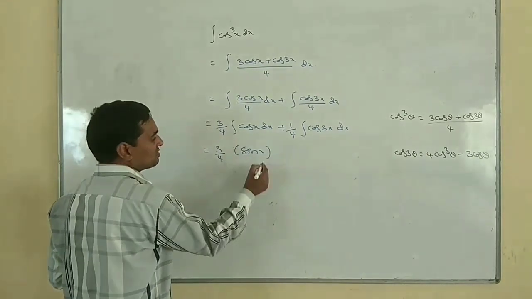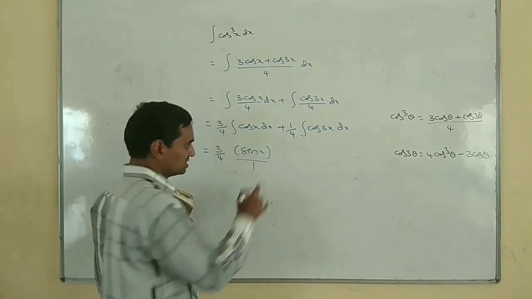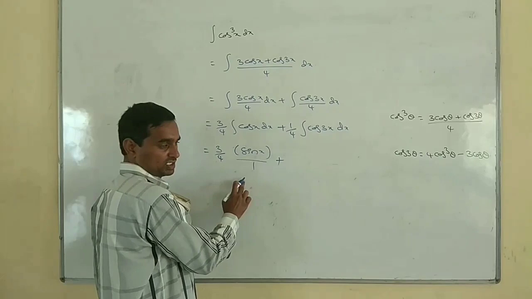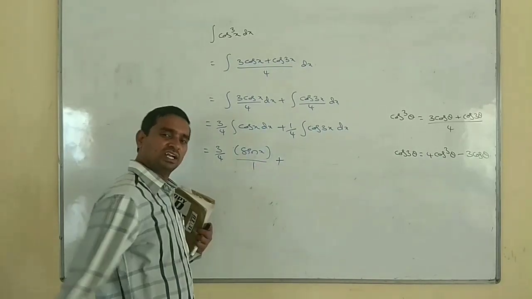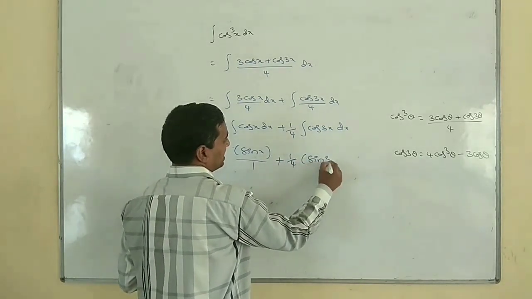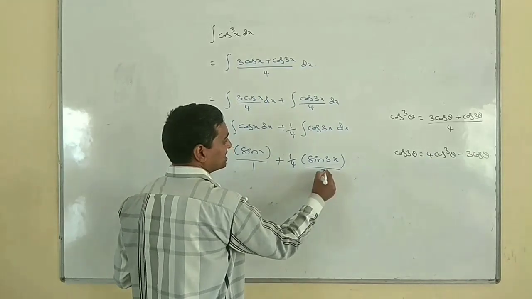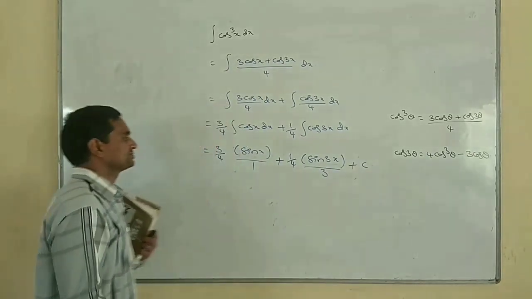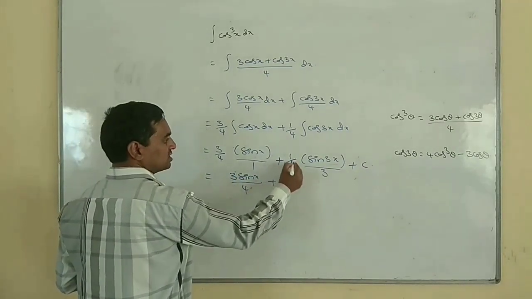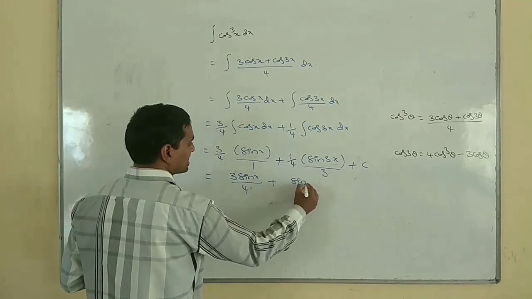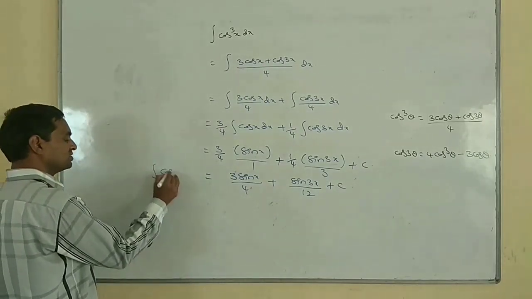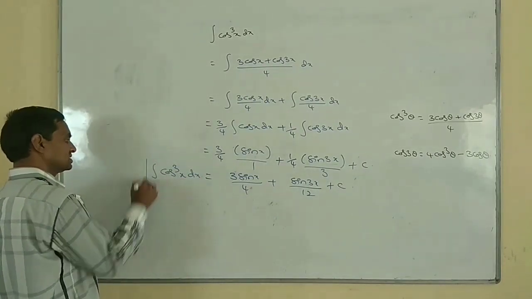Here the x coefficient is 1. Whether you write it or not, no problem, because x coefficient 1 means the denominator is automatically 1. 1 by 4, integration of cos 3x is sin 3x, but here the x coefficient is 3, so that 3 you write. Now 3 sin x by 4 plus 1 sin 3x by 4 into 3, 12. This is the integration of cos cube x dx.